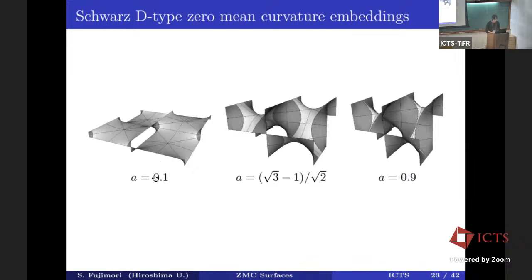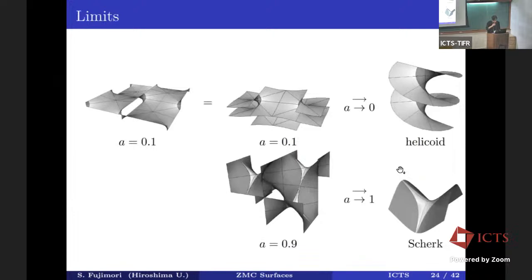When A is close to 0, almost all of the surface is space-like, with only a small time-like part. But as A gets bigger and bigger, the space-like part gets thinner and thinner, and almost all of the surface is time-like. Also, we can consider the limit.